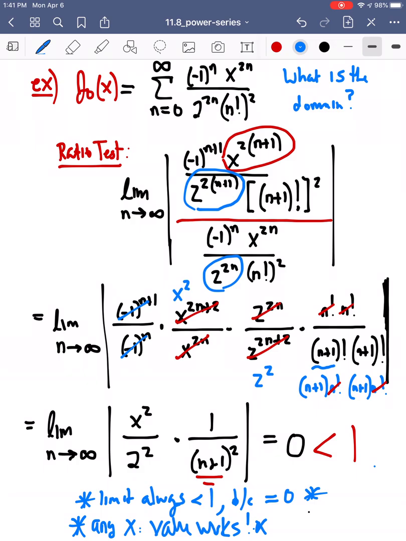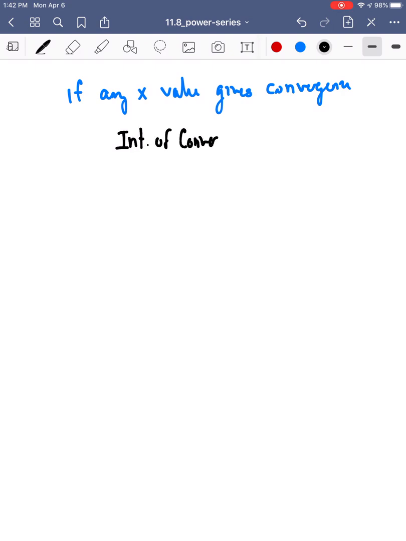So if any x value gives us a convergent power series, what that means is the interval of convergence would then be minus infinity to positive infinity.